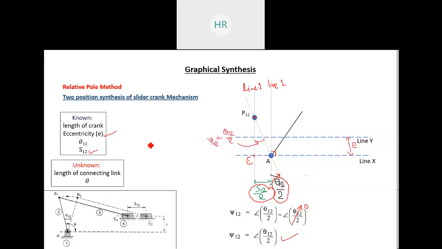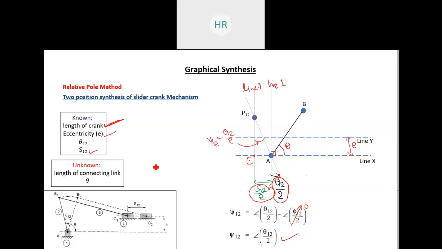Now use this data, length of crank. If we know the length of the crank, then we will mark point B, and the distance between A and B will be equal to the length of the crank. But at which angle should this line be drawn? You can randomly draw it anywhere, because this theta angle will not make much difference. So draw a line at an angle theta.